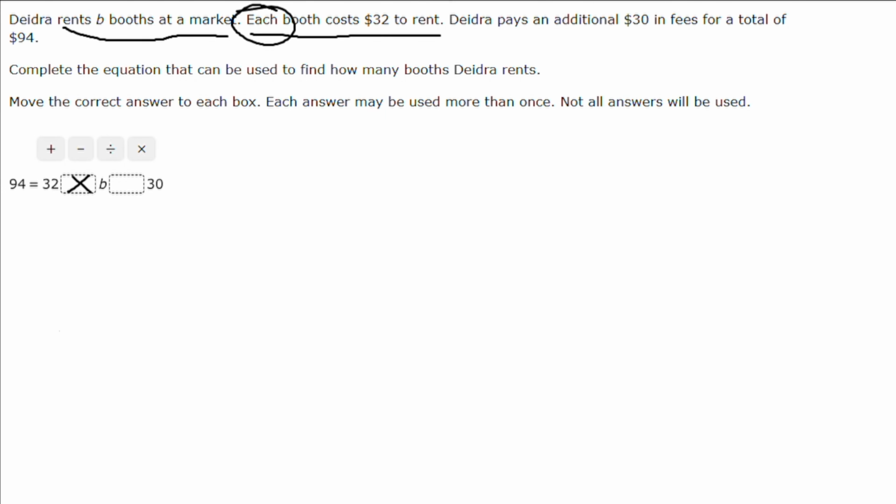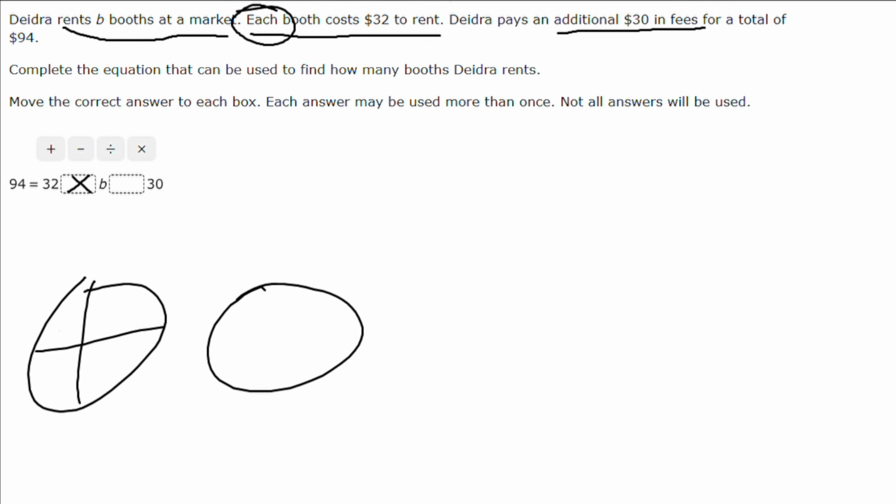Now, the question continues to say that Deidre pays an additional $30 in fees for a total of $94. All right, so there's an additional fee. What does this mean? Are we adding, are we subtracting, are we dividing, or multiplying? Well, the key word is additional. In this case, we are adding, right? Let's paint this picture. Let's say you go to a restaurant and you order 2 large pizzas, right?